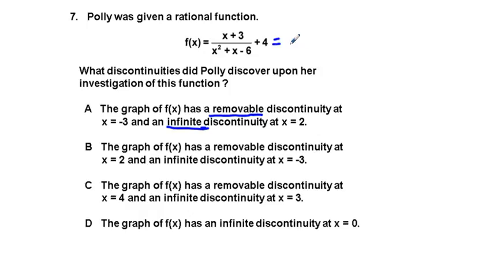What we're going to do is rewrite this rational function by factoring the denominator here, which is x squared plus x minus 6. In order for one of these to become a removable discontinuity, one of the factors of x squared plus x minus 6 is going to have to be x plus 3.